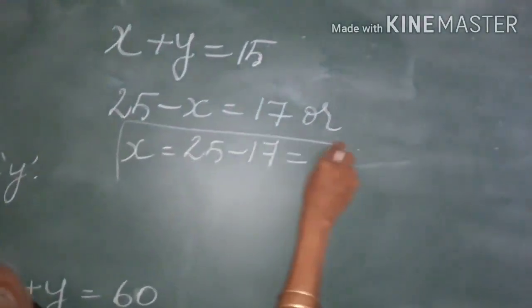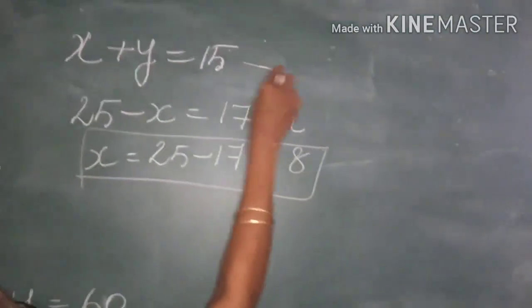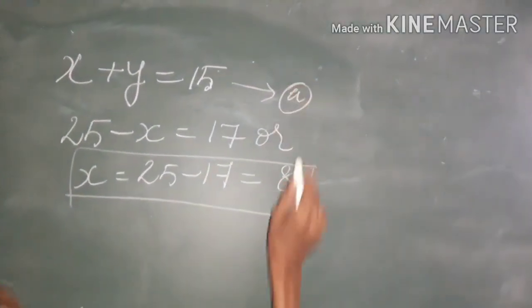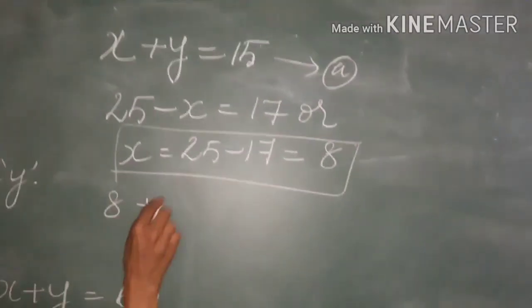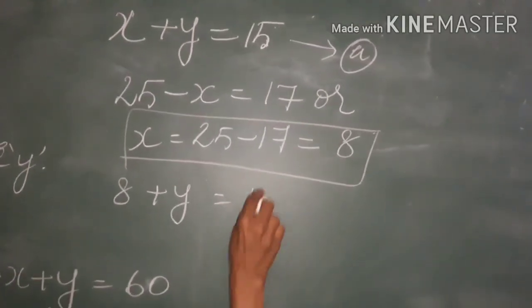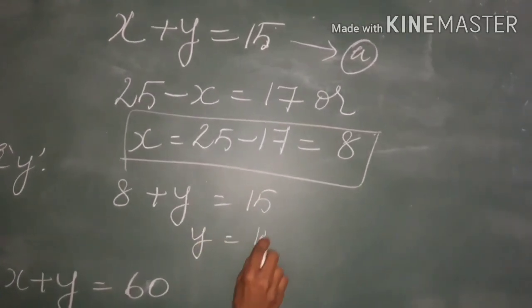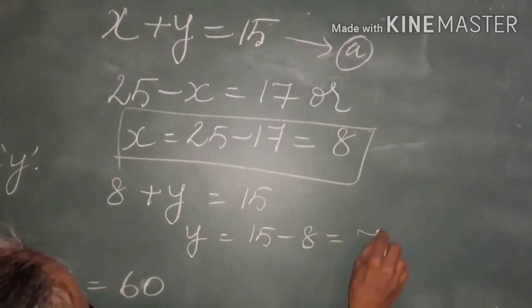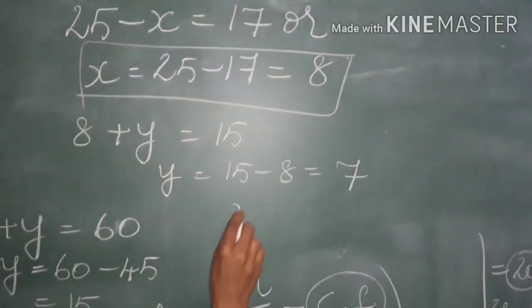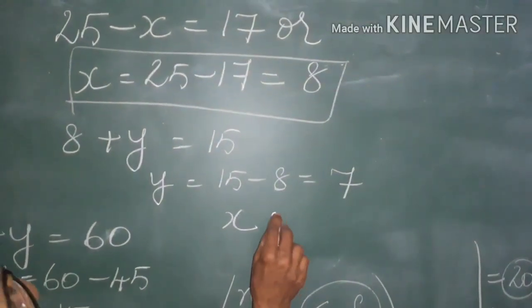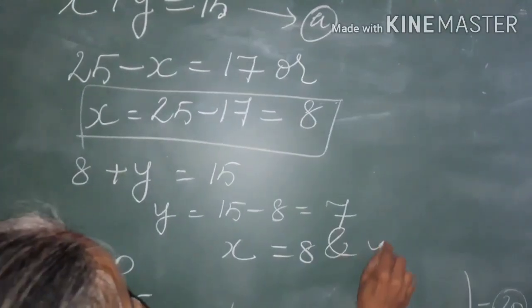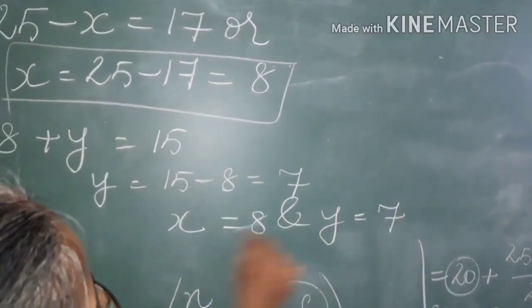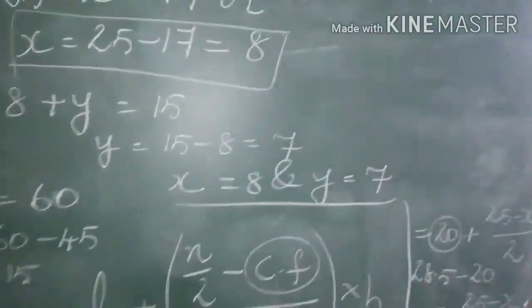Now this 8 can be substituted in the first equation. So 8 plus y equals 15. So y is 15 minus 8, which is equal to 7. Now what are the missing frequencies? x is equal to 8 and y is equal to 7. These are the missing frequencies.